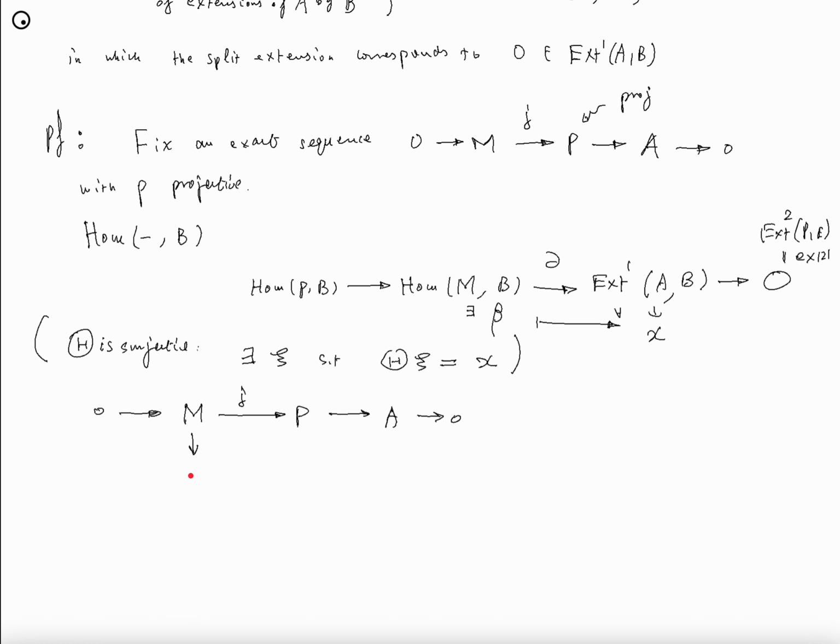So I'm going to construct first the extension and claim that the obstruction of this extension is x.